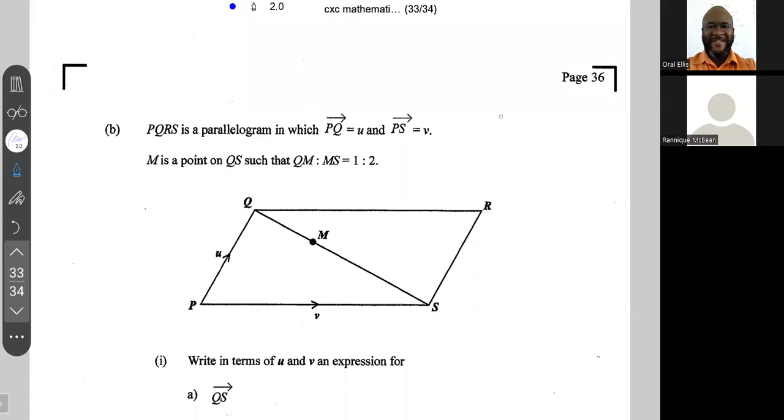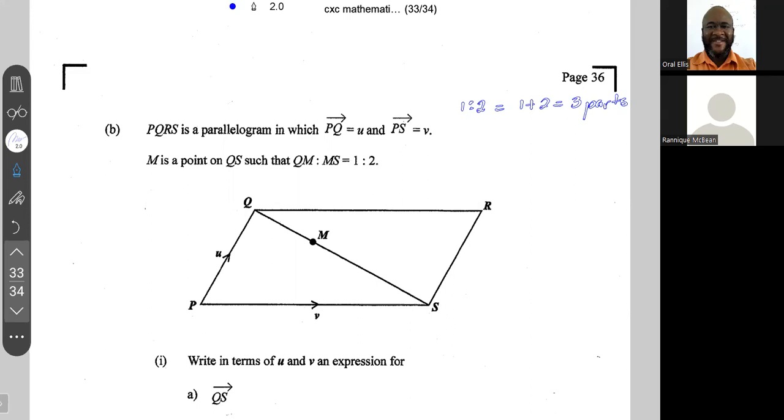When you divide something in a ratio 1 to 2, you're dividing it into 1 plus 2, which is 3 parts. So QM is 1 part out of the 3, and MS is 2 parts out of the 3.